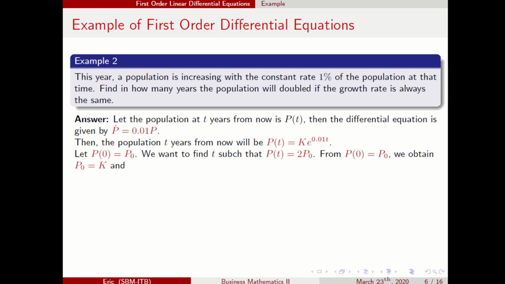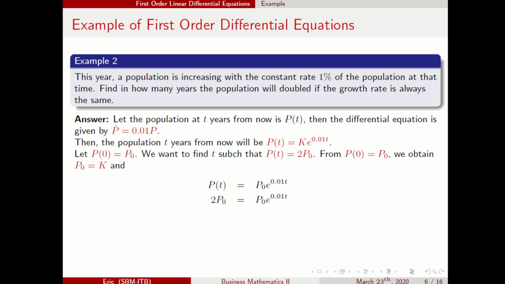So from p(0) equals p0, we obtain p0 equals k, just the same as before. When this is 0, p(0) equals k. So I want to find t such that p(t) equals 2 p0, and this is p0 e to the, okay, I want to find what is t.